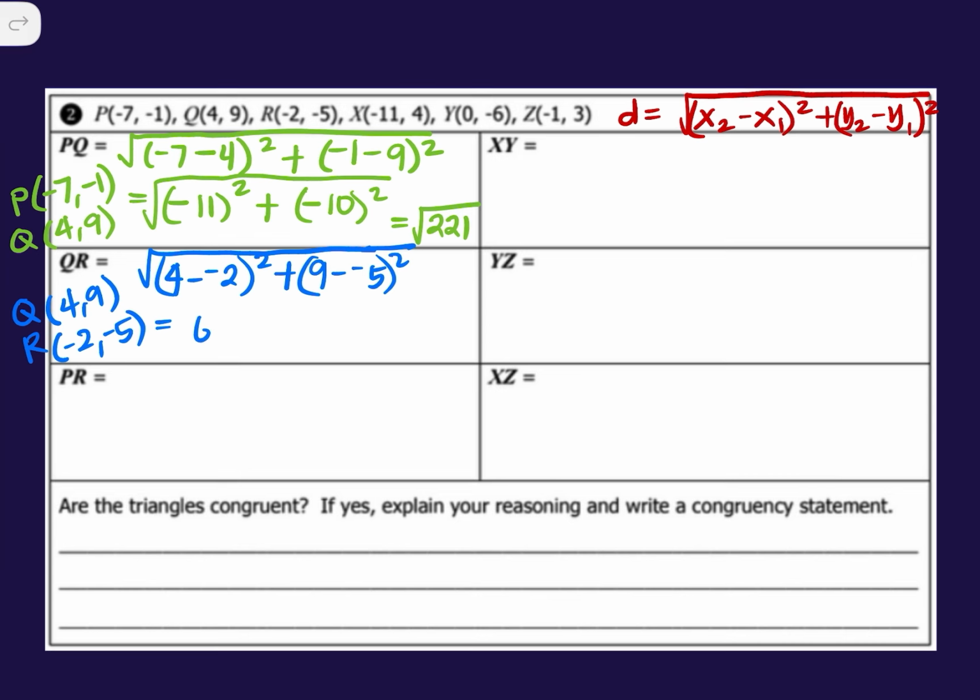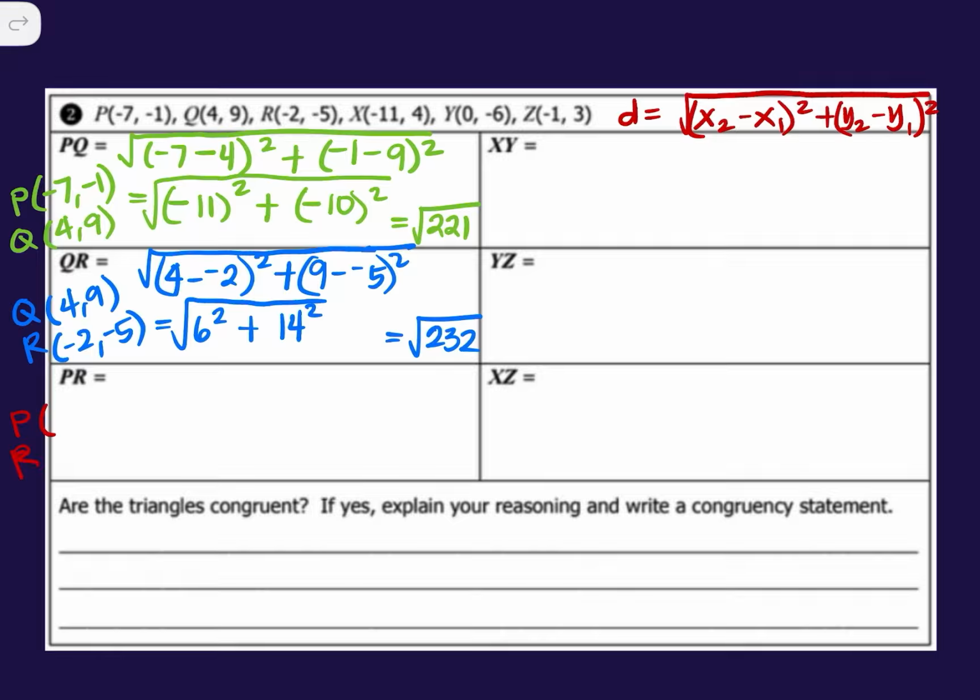So this would be 6 squared plus 14 squared. Simplifying this number, we will come up with square root of 232.